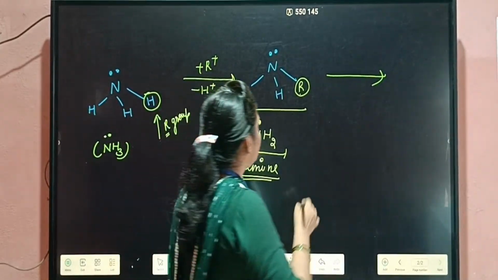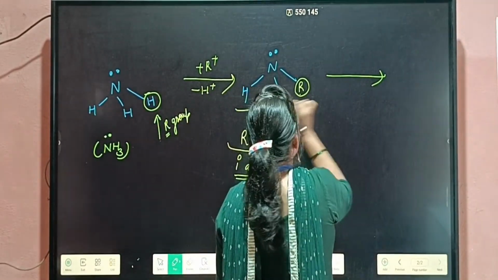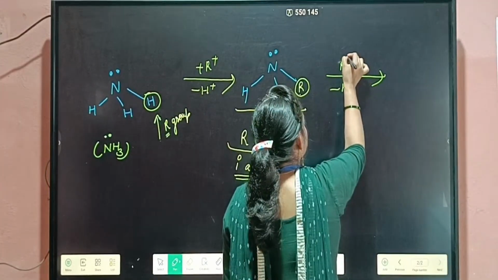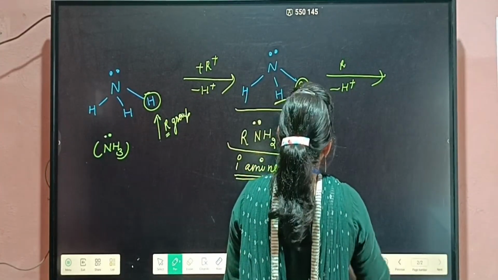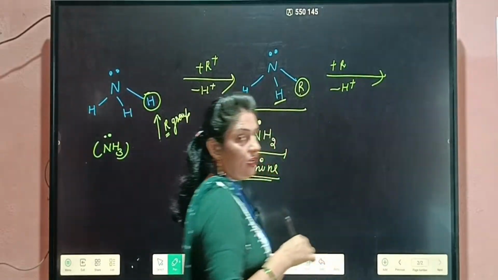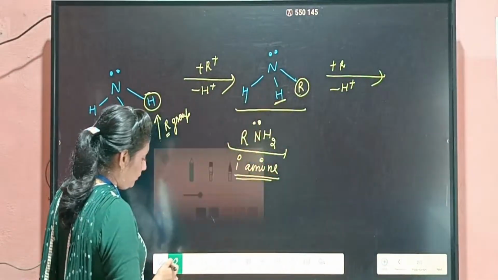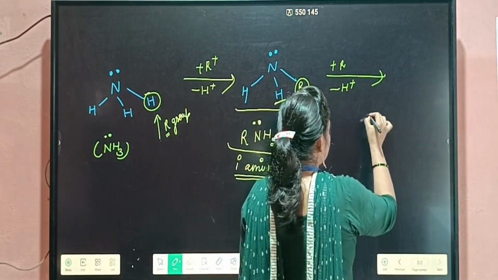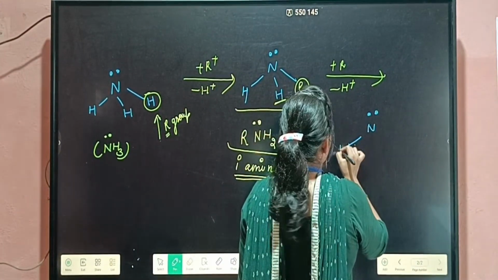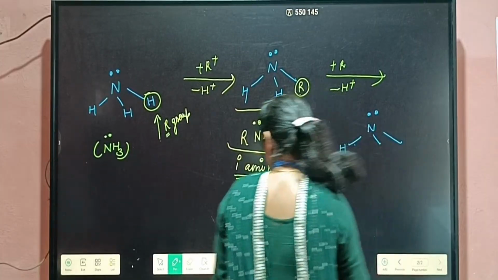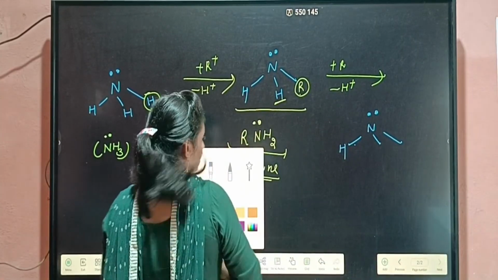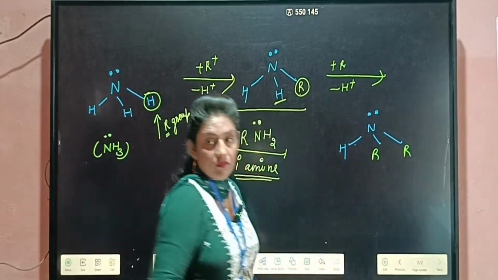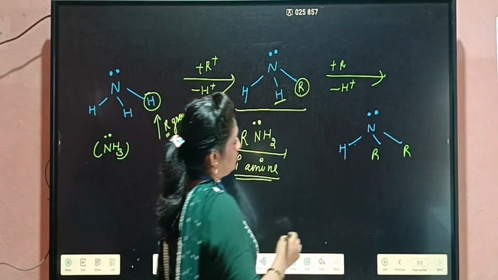Then students, if I replace one more hydrogen by an alkyl group, then what will happen further? We will get a structure like this: R2NH.